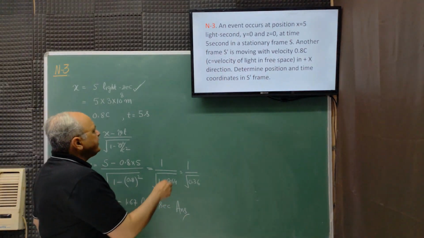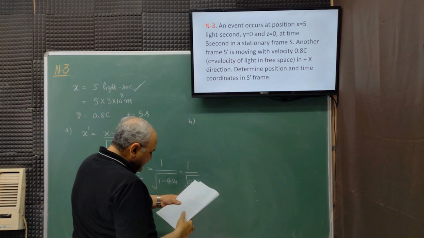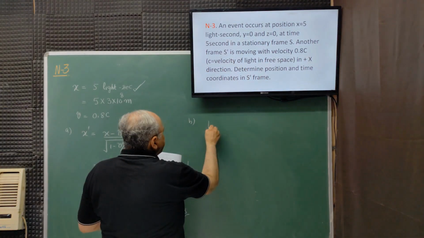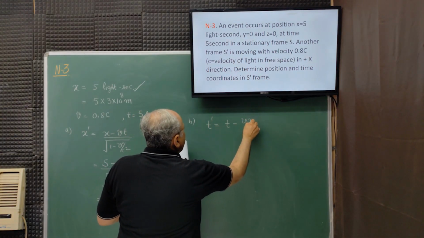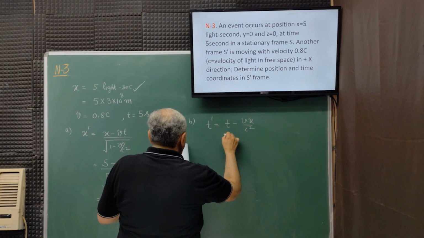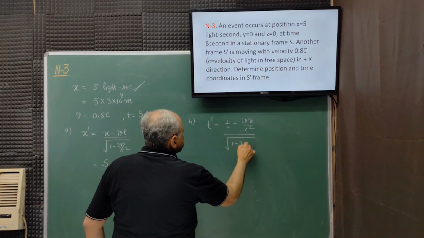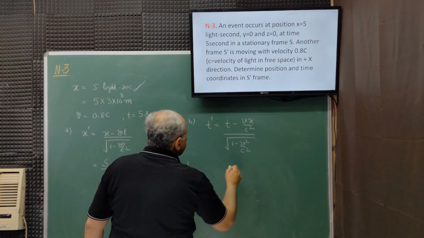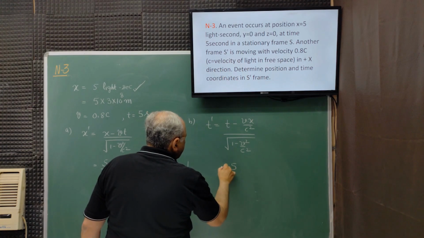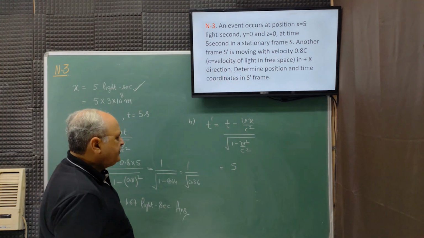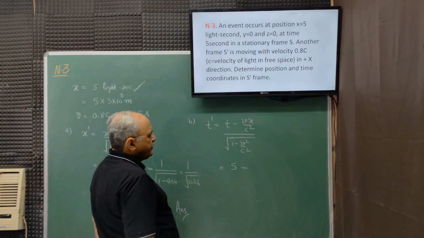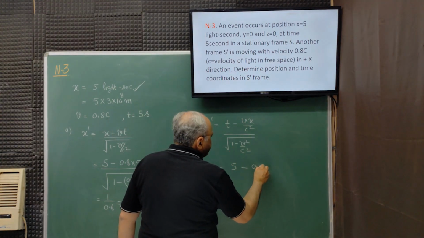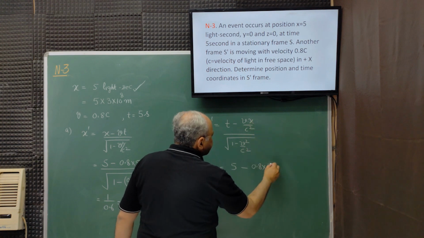So for part B, where we have to get the transformation for time, t dash is given as t minus vx divided by c square, under root of 1 minus v square by c square. Let's put the values. T is 5. Once again I am not using c. So this makes it 0.8, and for x it is 5.